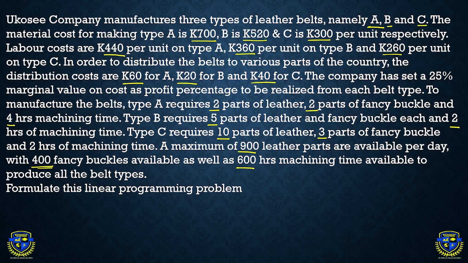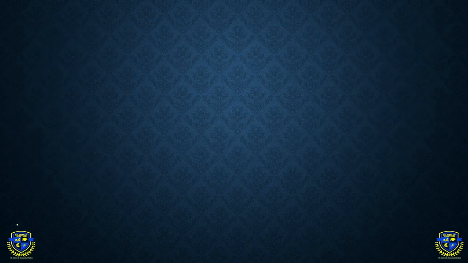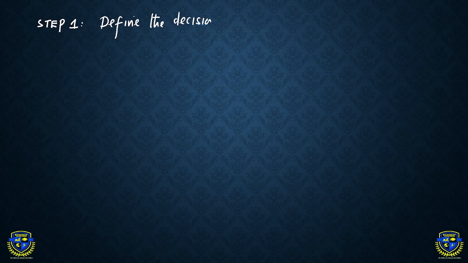So before we can calculate these profits, of which we'll calculate first of all the cost, and that's when we calculate the profit, we have to define what we call the decision variables. Okay, so step number one in this case is to define the decision variables.